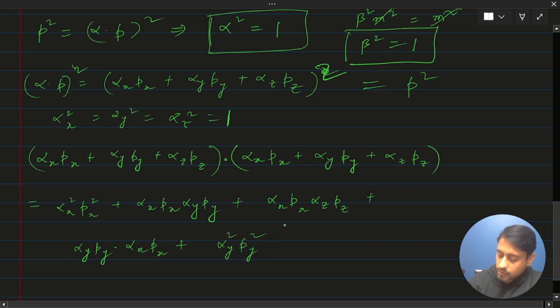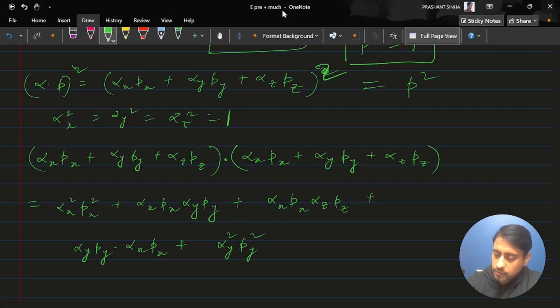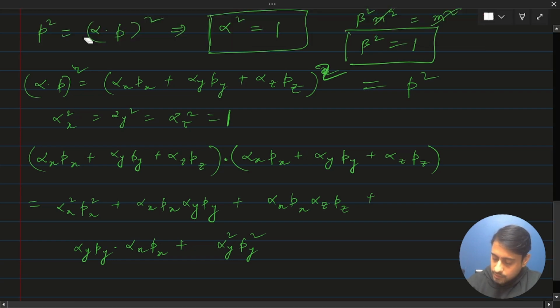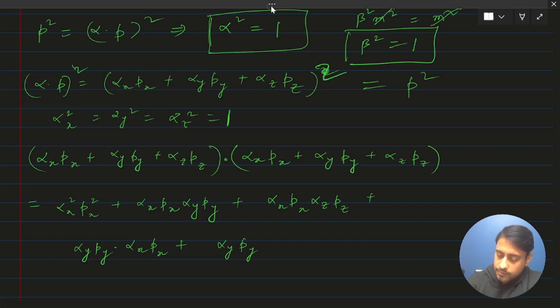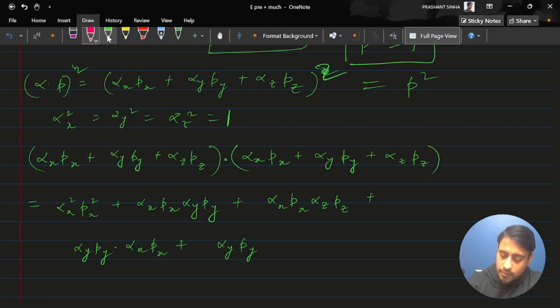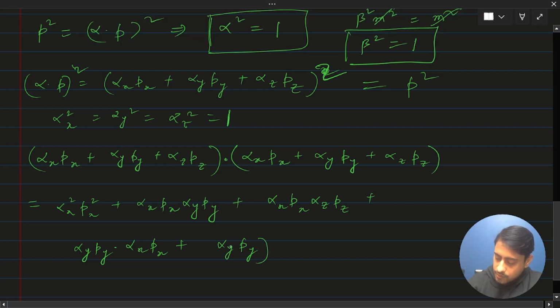This will be the square of the whole. You may be in doubt about why I've written it like this, why I have not squared this. So you can do this and we can discuss why I have not squared.